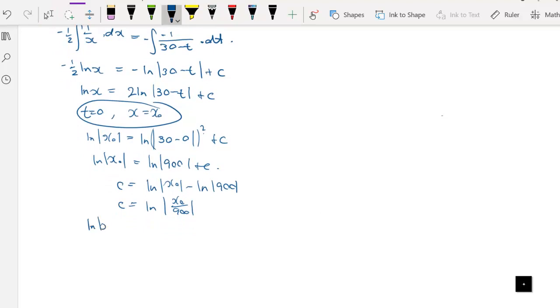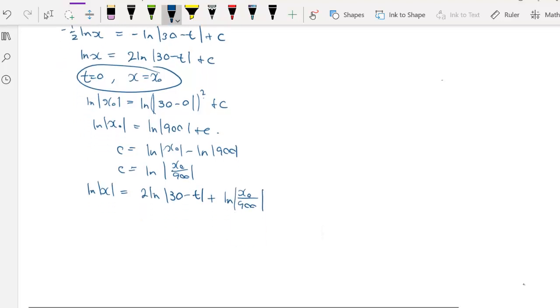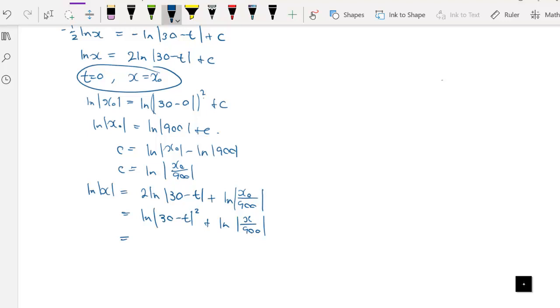So if we put that back in, we now almost have our general solution. We've got ln x equal to 2 ln(30 - t) plus ln(x0/900). Now if we want to combine this, it becomes ln((30 - t)^2) plus ln(x0/900), and we have ln of (x0/900)(30 - t)^2 equal to ln x.